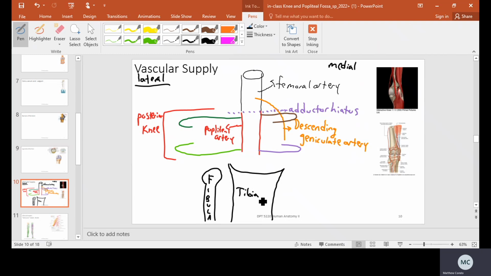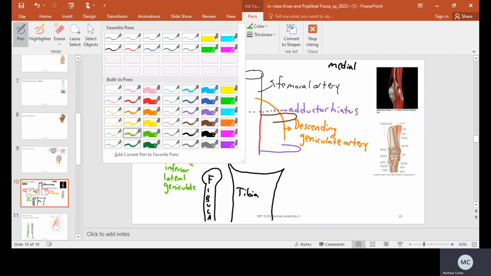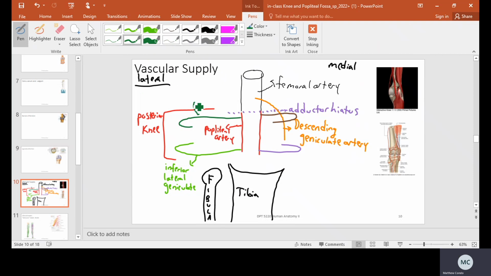Okay, so I'm going to have 4 arteries coming off the popliteal artery. I'm going to have one called my inferior lateral geniculate. I'm going to have one called my superior lateral geniculate.